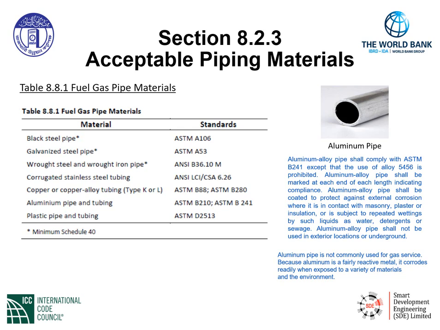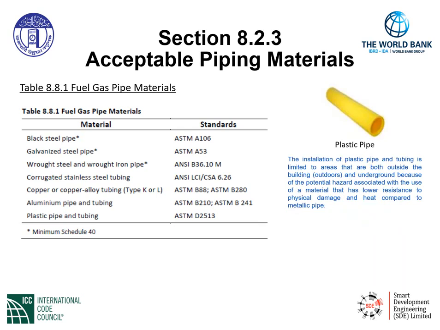And select proper durable materials for the environment as well. So aluminum pipe is not commonly used for gas service because aluminum is a fairly reactive material. It corrodes readily when exposed to a variety of materials and the environment. However, it can be used in certain areas. And again, this is up to the designer to select the correct material.